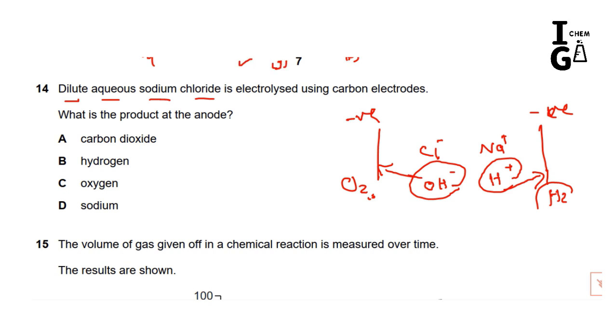So this is oxygen. I think everyone should memorize this half equation for OH. And in case of dilute aqueous sodium chloride, remember, in case of dilute, OH will be more likely to be oxidized rather than Cl. So the product at the anode, as you see, this is oxygen. So the correct answer is oxygen, C.